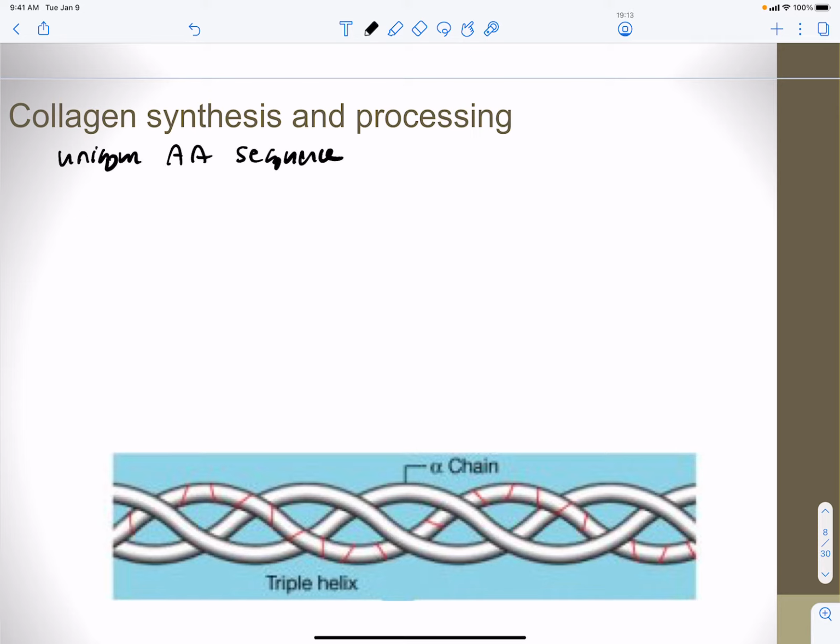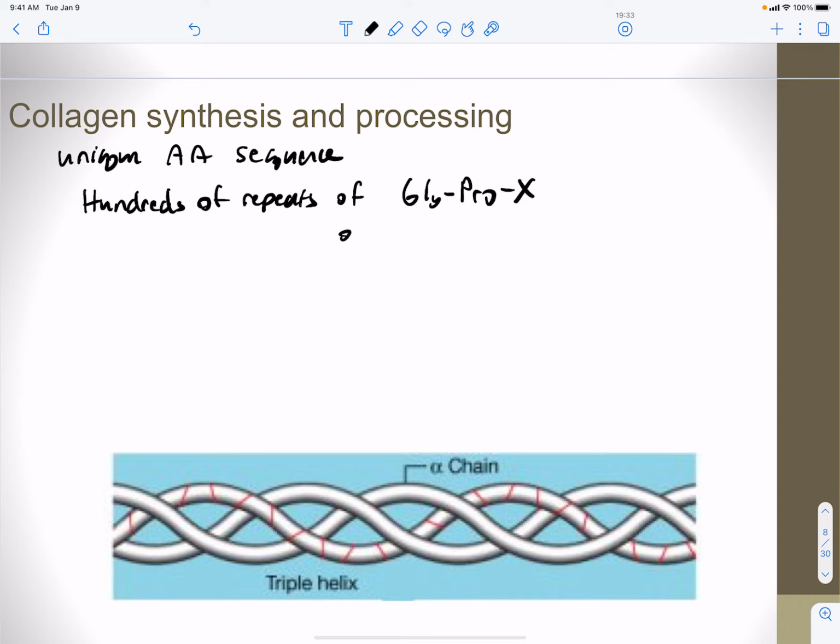Now you're going to have hundreds of repeats of glycine, proline, and something else. And that X can be something else. Or you're going to have glycine, X, and your hydroxyproline.